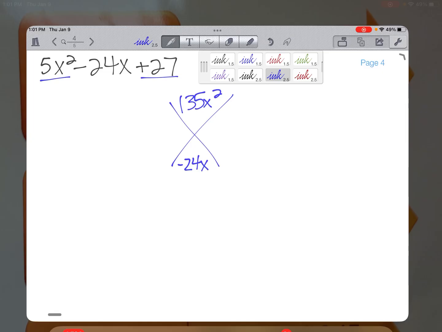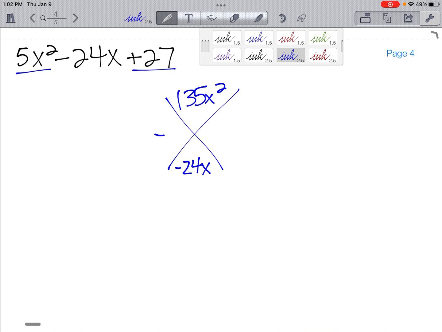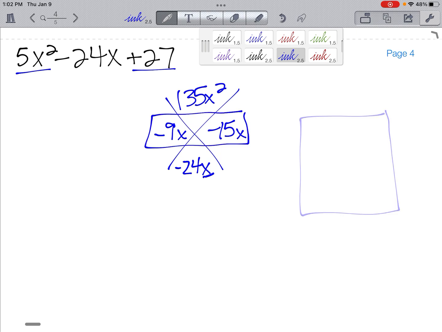So I'm going to go back to my notes. Negative 9 and negative 15. Remember, whatever the variable is in the bottom of the x gets moved up. So we have the two pieces from our x puzzle that we need. So we're going to draw our box.